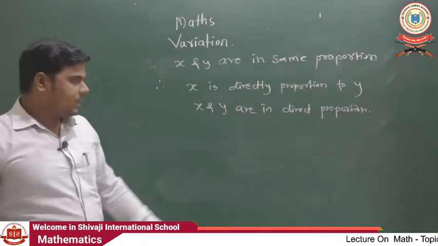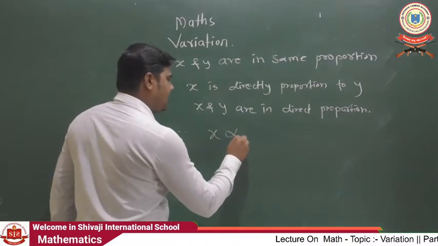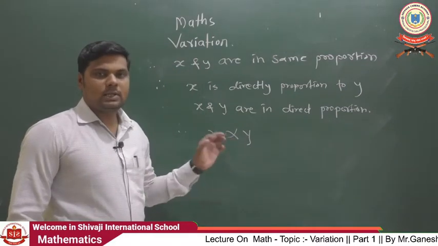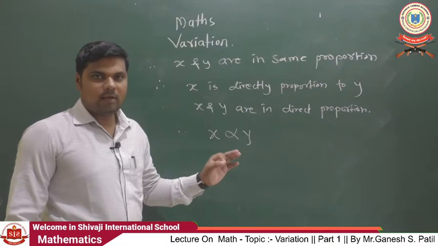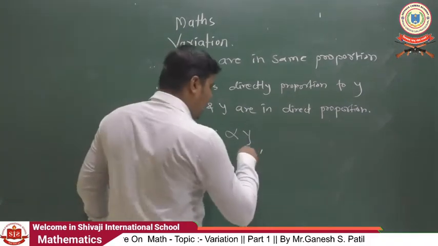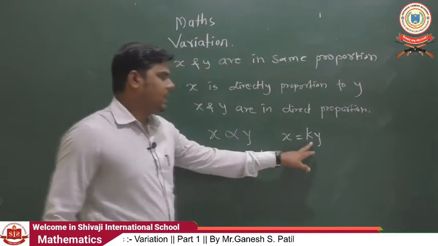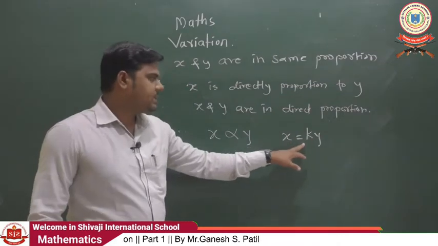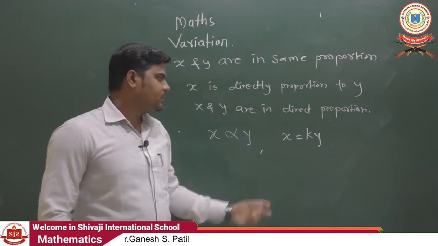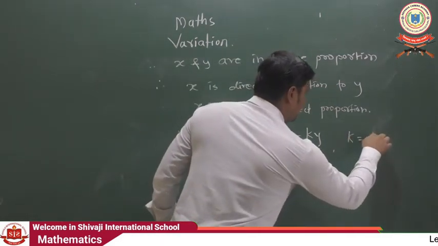Now, what is its symbolic form? See, x is directly proportional to y. The proportion symbol is also called the alpha symbol, alpha sign. Okay, x is directly proportional to y, and x is equal to ky, where k is a constant, and x is equal to ky is the equation of variation, and then the value of k is equal to x upon y.